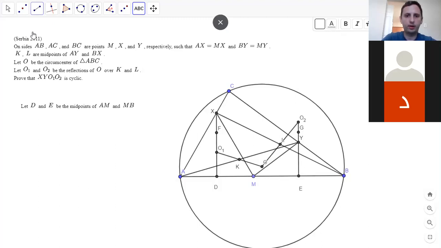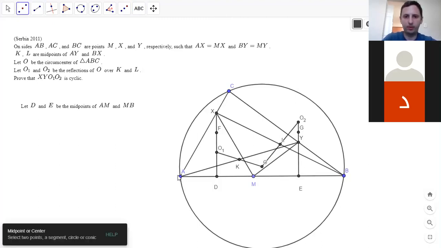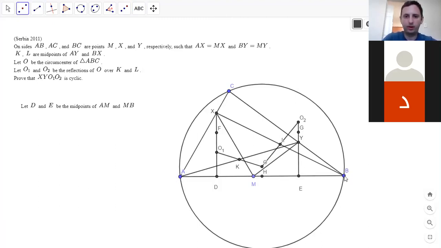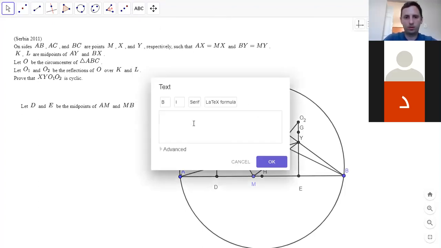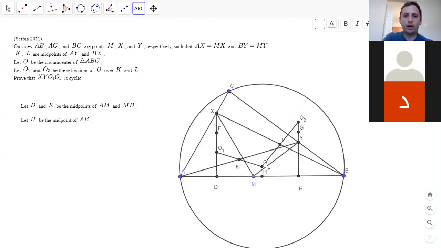So I'm going to do that. I think that'll help us a little bit. Let H be the midpoint of AB. All right. Okay, so basically we want to show that X, O1, and B are collinear.